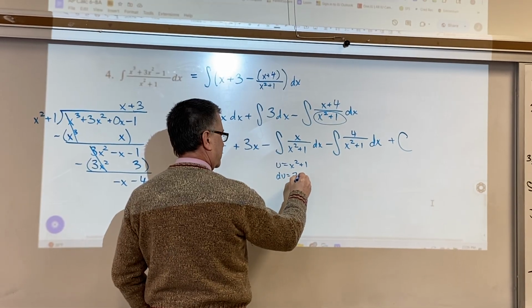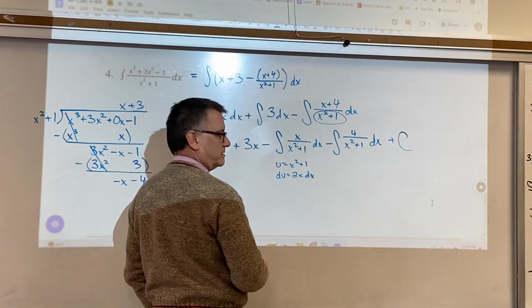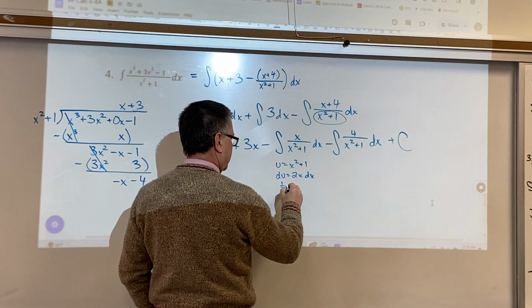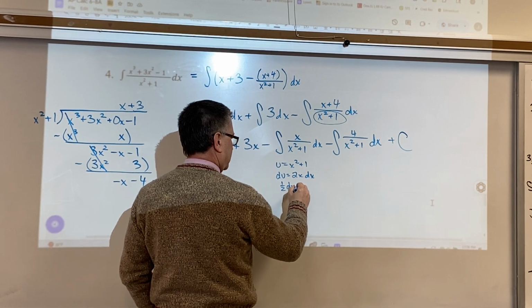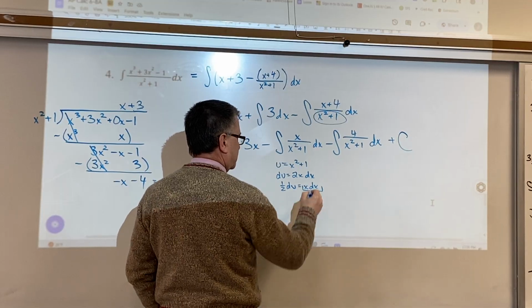Du equals 2x dx. Oh my god, I see that x dx up here. So 1/2 du equals x dx. Oh my god, that's a simple substitution.